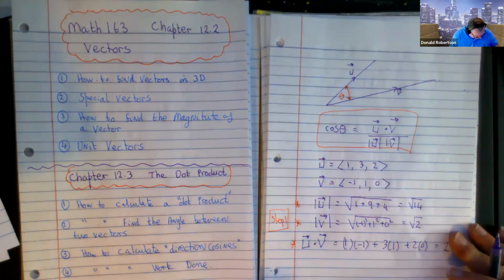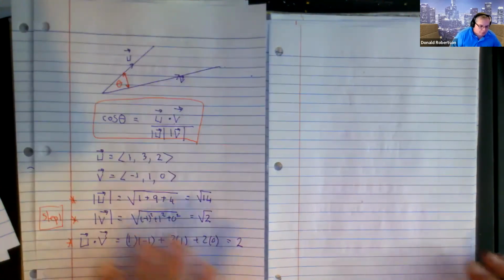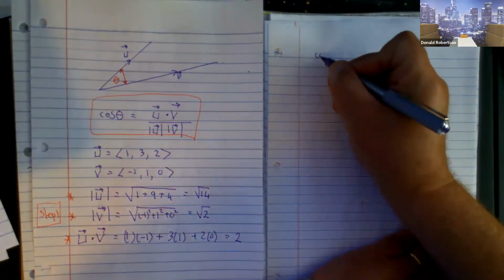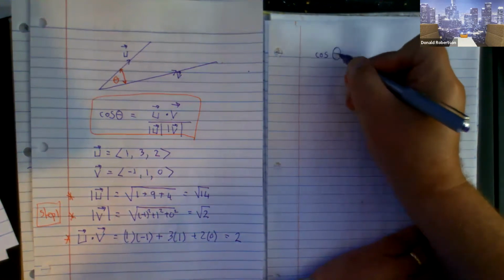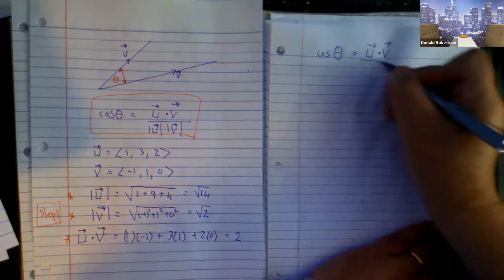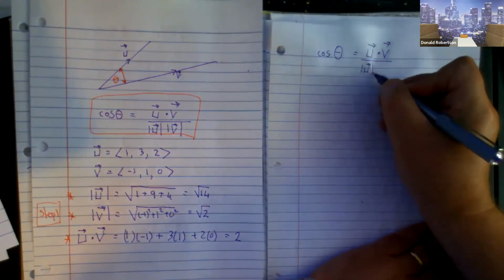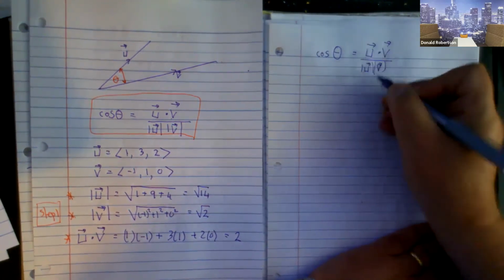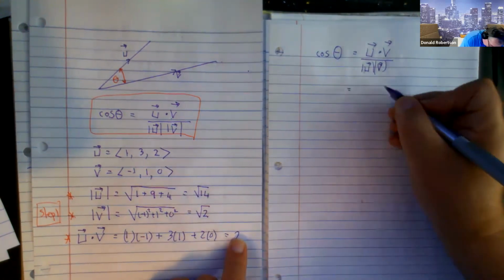Once I know these guys, I can then use this formula, and it'll go something like this. The cosine of theta is the dot product divided by the two magnitudes multiplied together. That guy is 2.